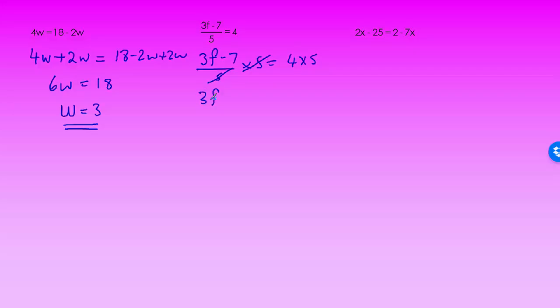So now we have 3f minus 7 equals 20. The next step is to add 7 to both sides. I don't need to show this explicitly, we've seen that before. So 3f is 27, and then divide both sides by 3, and we get that f is equal to 9.